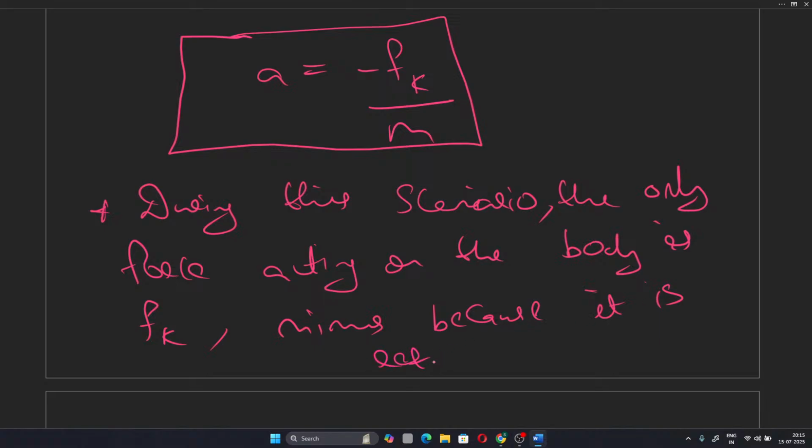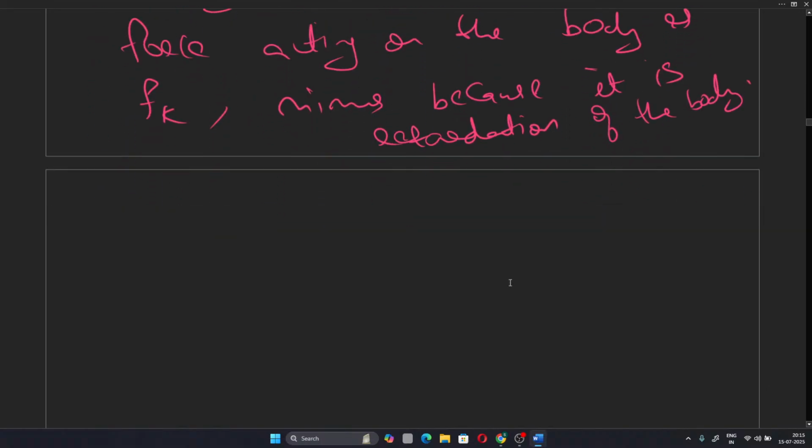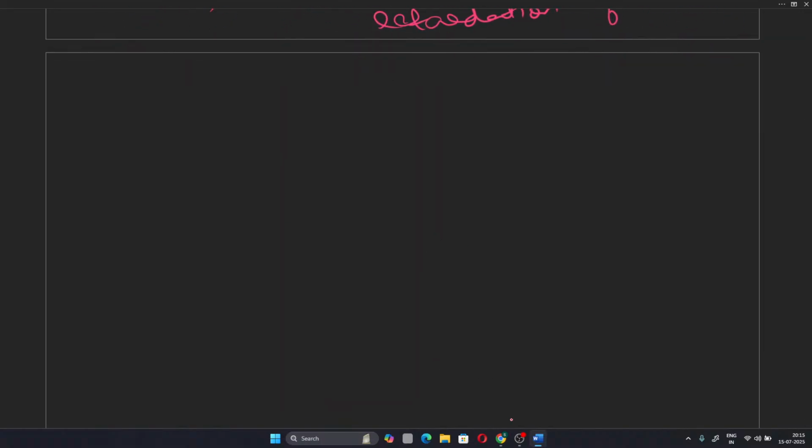It is reducing, or deceleration, and it is an opposing force. That is basically the information they gave.